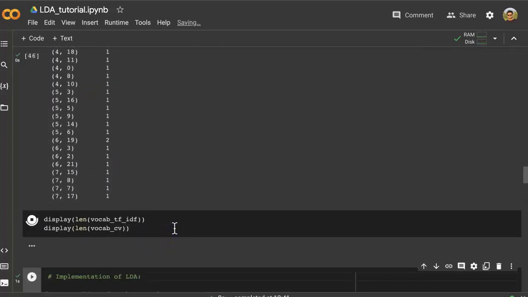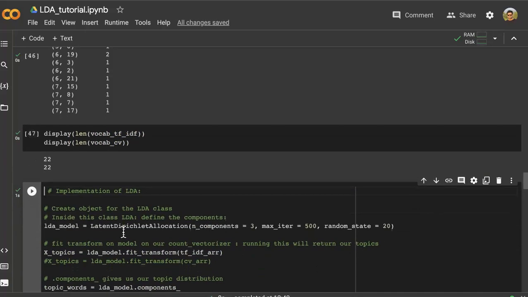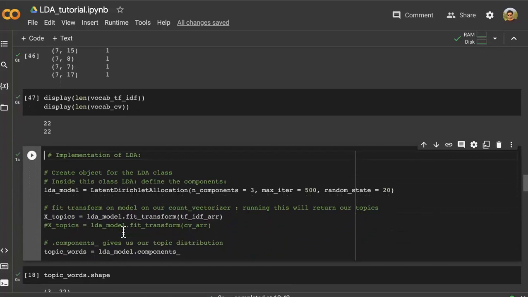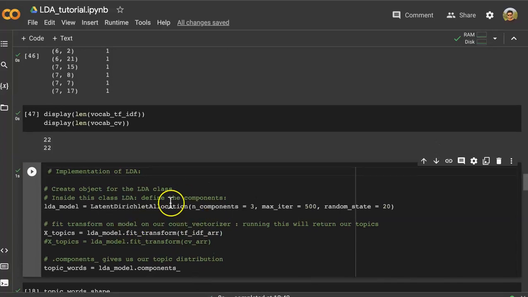So this is the number of vocabs. Now you already have this representation, and you can run your LDA algorithm with this TF-IDF representation. If you remember in LDA, before starting the algorithm we need to define how many topics there are.